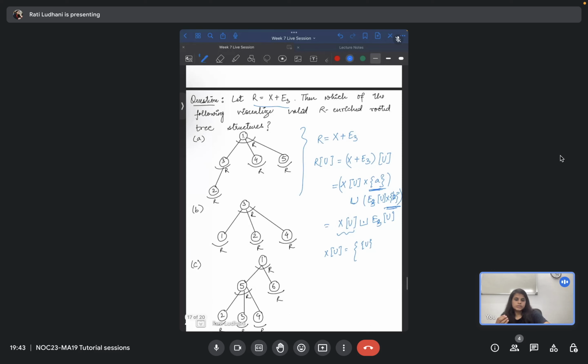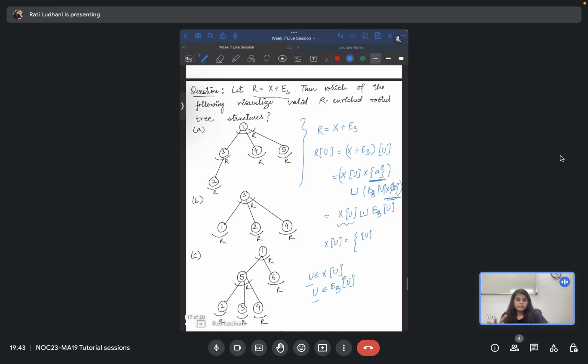So disjoint union says, for example, XU has something, let's say u belongs there, and E3 of u also has u inside that, then u and u will be considered different. So we will consider it with multiplicity. So u and u will be considered different.